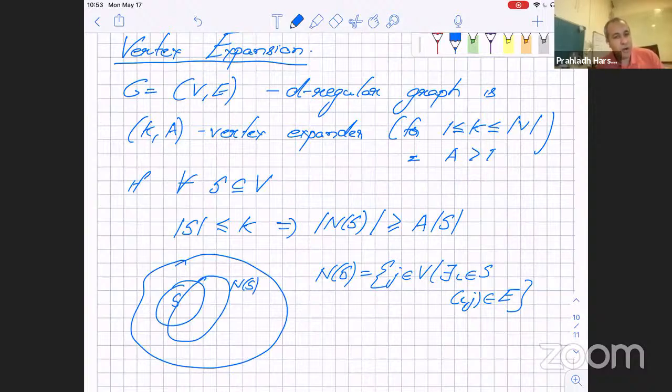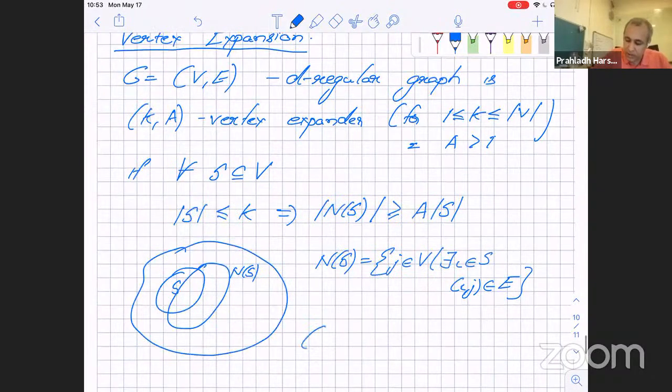By the way, N of S is the set of all vertices that are adjacent to some vertex in S. Sometimes people also include N plus of S, which is S union N of S. S union N of S is the things which are at most one step away from S, which is what N plus of S means. N of S is the things which are exactly one step away from S. Okay.